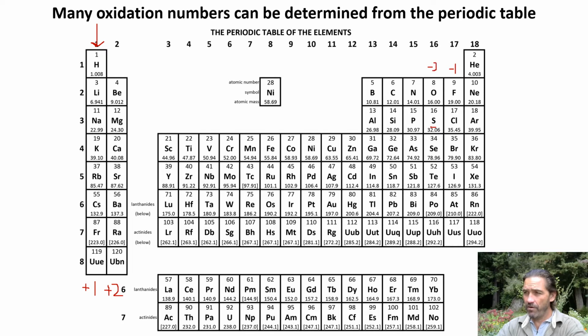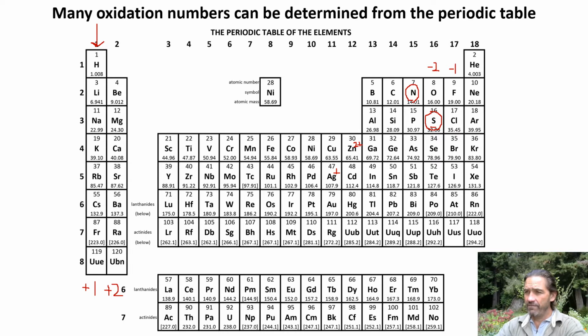However, not all the case, because sulfur, for example, is very redox reactive. It can have many different charges. The same goes for nitrogen. There's other metals in here that have very common charges, and you can find these in the nomenclature handout and problem set that I have on Canvas.